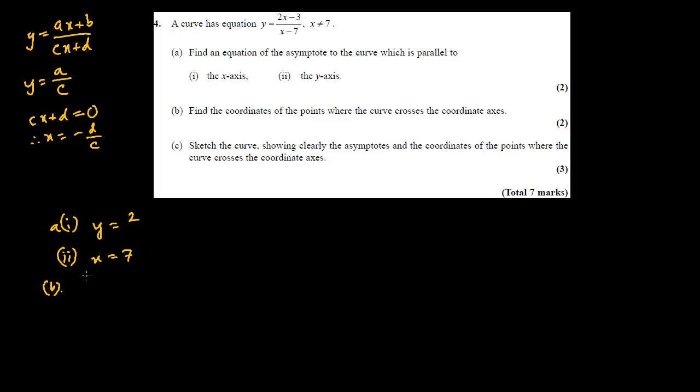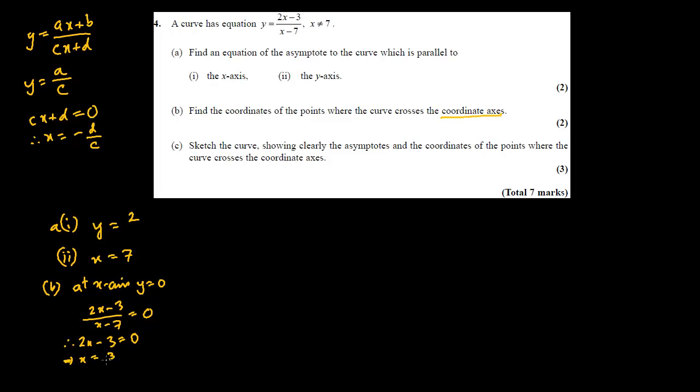Now question number b. Find the coordinates of the points where the curve crosses the coordinate axes. Axes is the plural for x-axis, y-axis. So we can write at x-axis, y equals 0. That would mean twice x minus 3, x minus 7 equals 0. So twice x minus 3 equals 0.